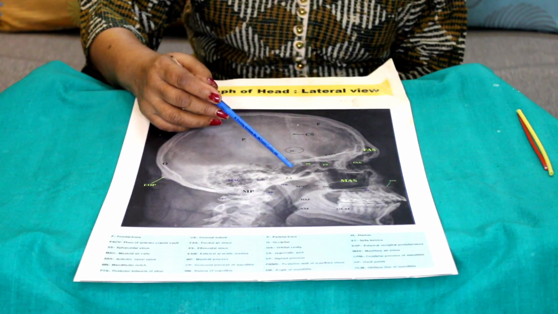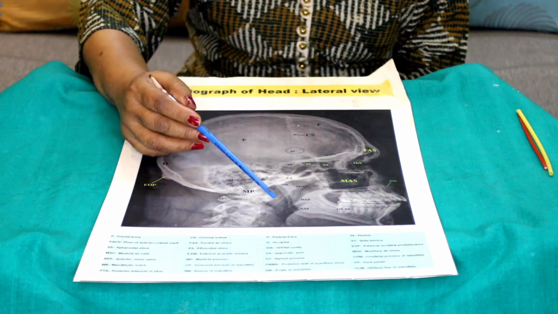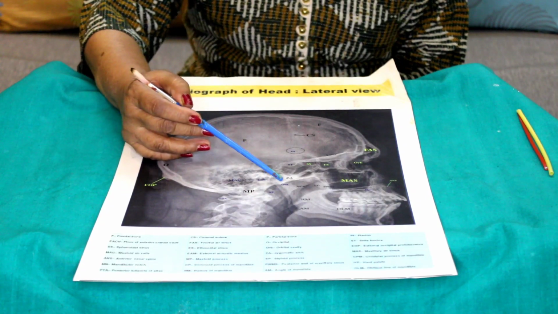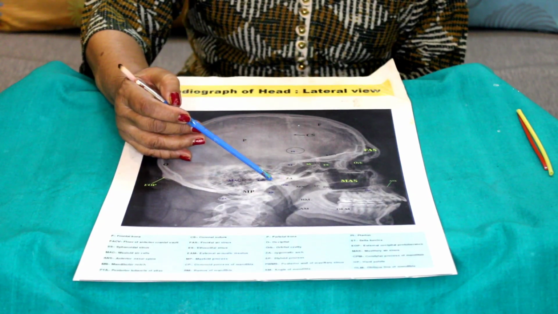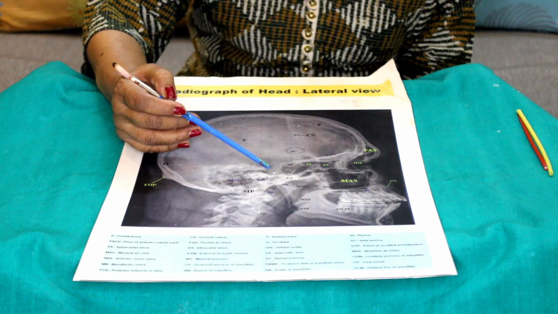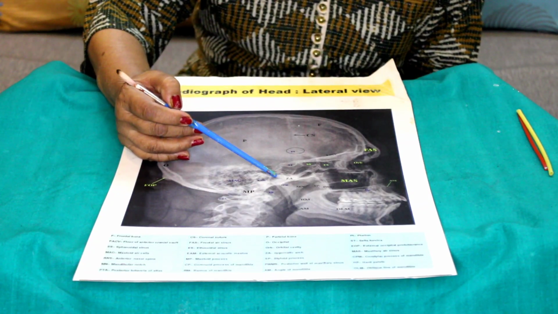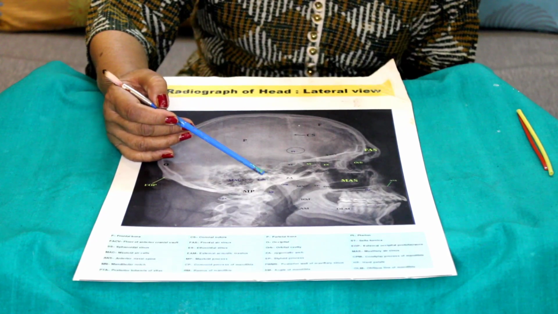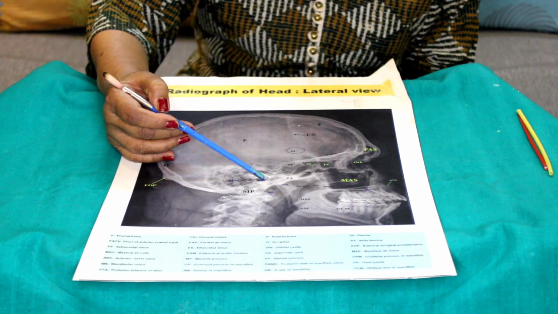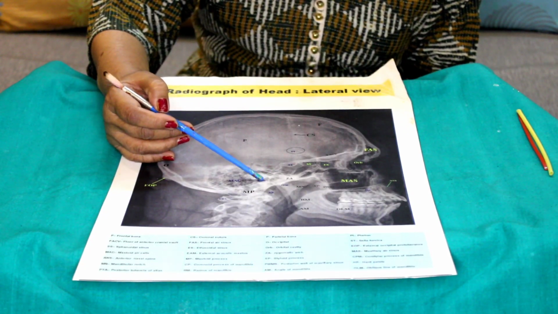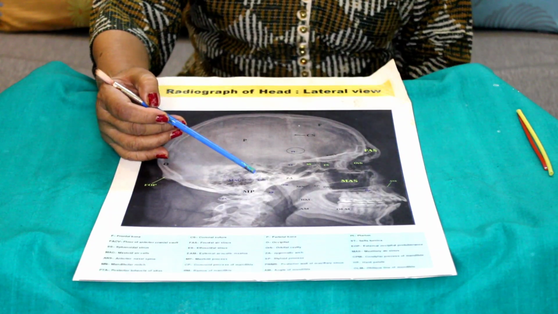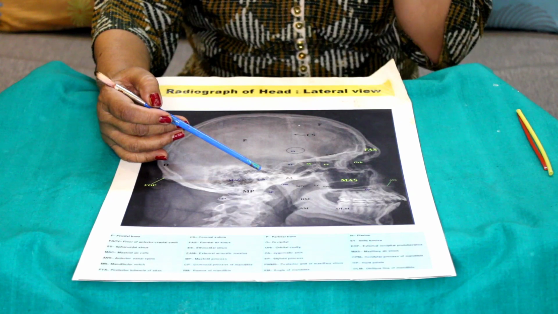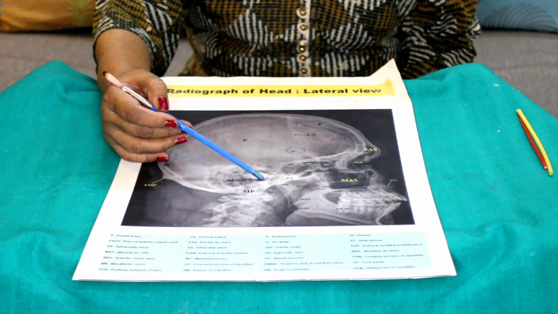Behind the sphenoidal air sinus, you trace the mandible. You will see this is the upper end of the mandible. So this is the region of the temporomandibular joint. And behind the temporomandibular joint, this black color area is the external auditory meatus, in which you can place your finger.